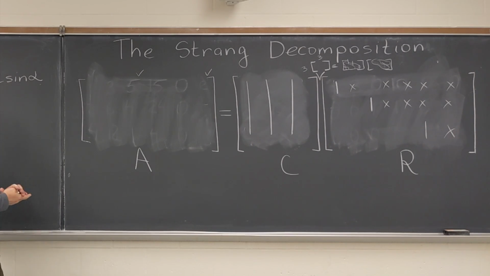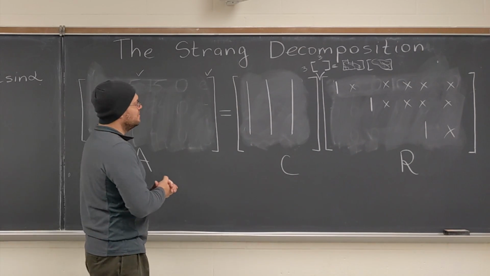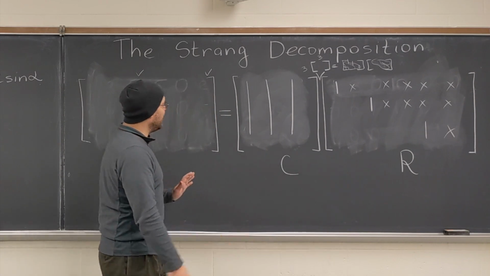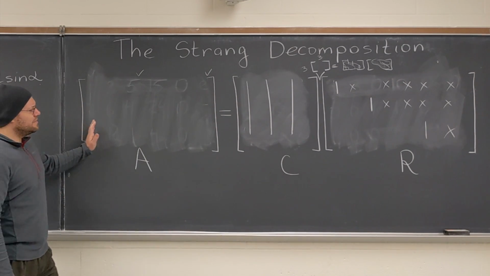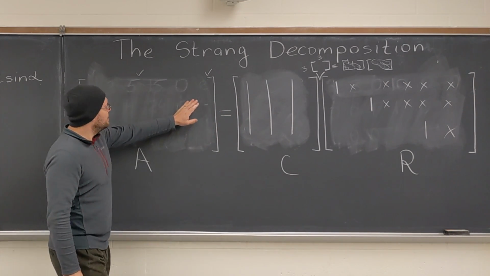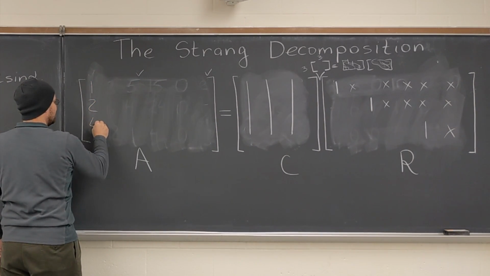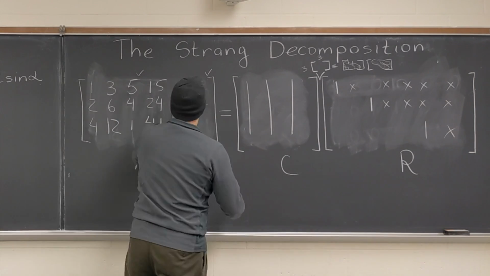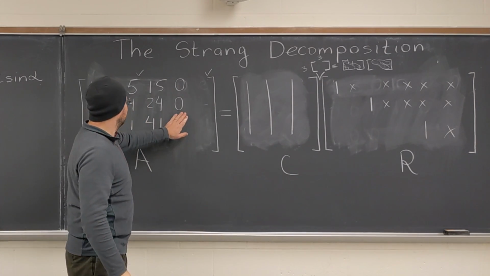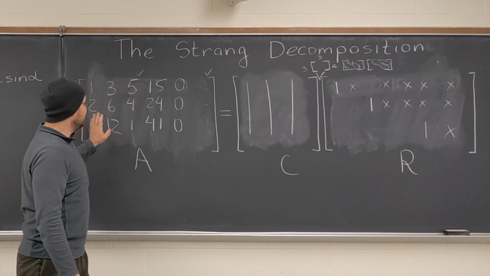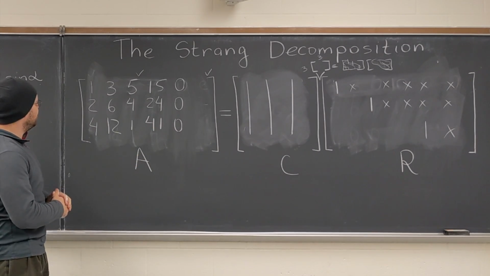Okay, let me tell you one other thing about this decomposition. What would happen, we could even come back to this matrix, if the last column, can I bring it back? I'm actually going to bring it back. And actually, I'll make this last column linearly dependent on the ones that came before it.